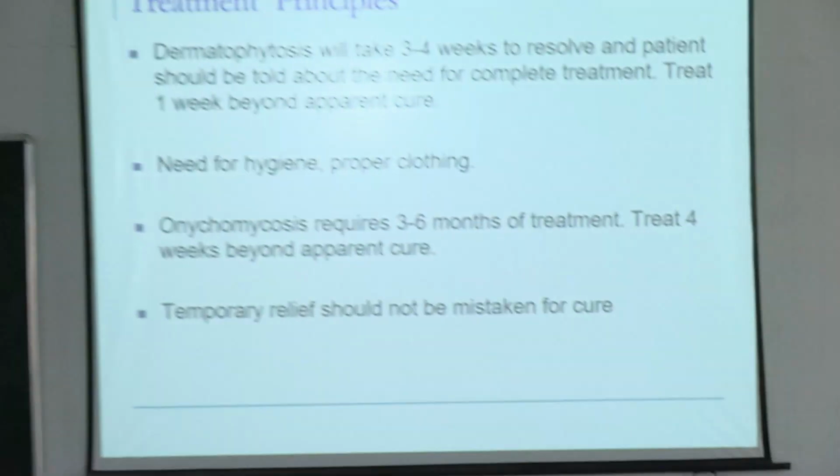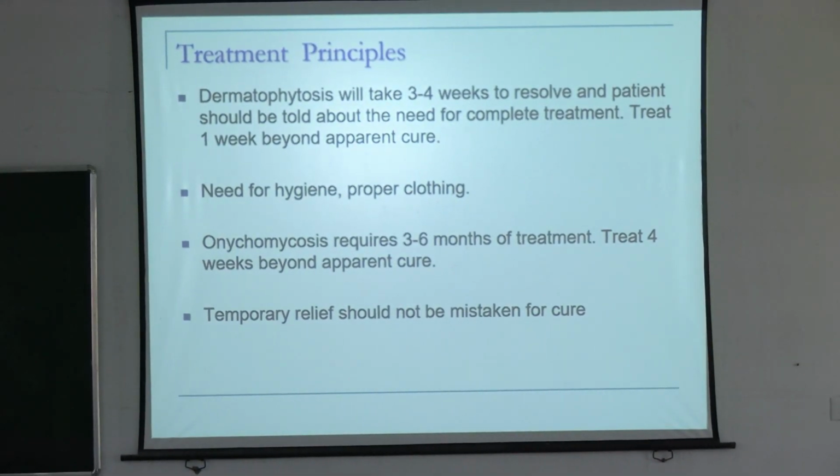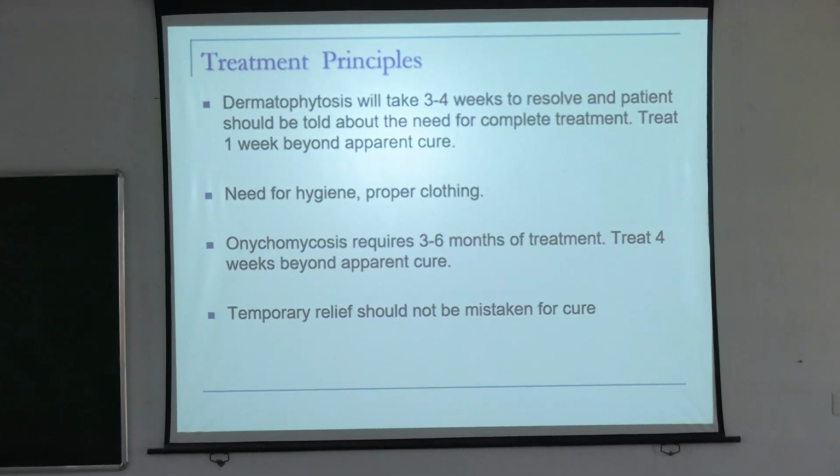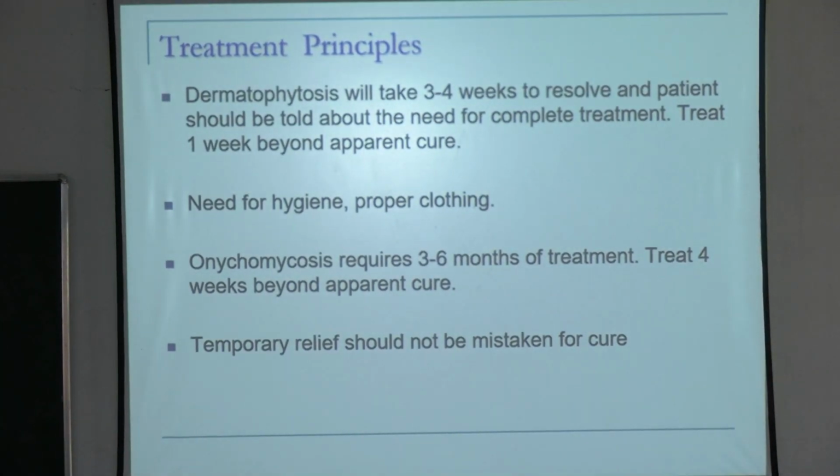So basically, for treatment principles, we have to counsel the patient that it may take 3 to 4 weeks, also up to 6 weeks, and we have to give antifungals 1 to 2 weeks beyond clinical cure. Hygiene is very important, and proper clothing.